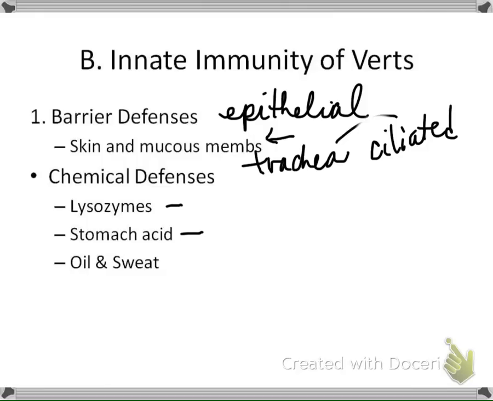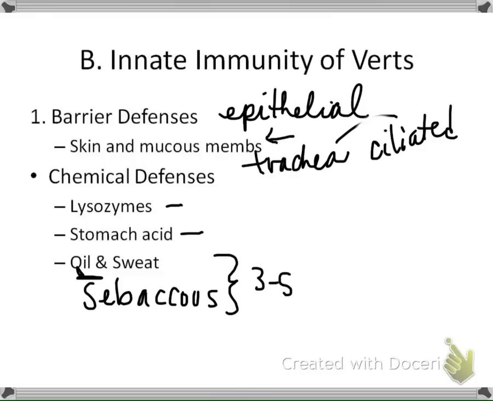And then secretions from your sebaceous and sweat glands. Sebaceous is mainly oil glands. This is also going to give your skin a low pH, 3 to 5, and that's acidic enough to prevent colonization by many pathogens.